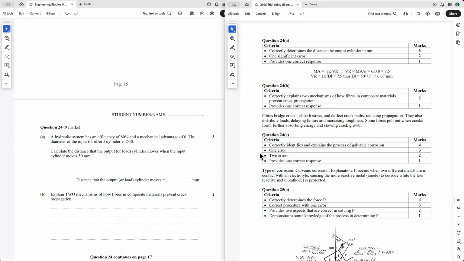And for the crack to go any further, it needs to have enough energy to overcome the energy required to create new surfaces. So that's basically how fibers stop cracks from moving through.